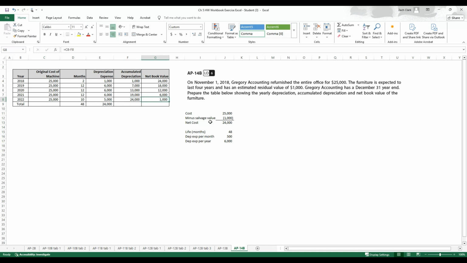And that's what we expect to see. That's the whole concept of having this salvage value or residual value, is that what we're saying with that is after we fully depreciate this thing, we expect to be able to sell it basically for $1,000. We think that we're not going to use this machinery or furniture after 4 years, but we think it's still going to be worth $1,000.